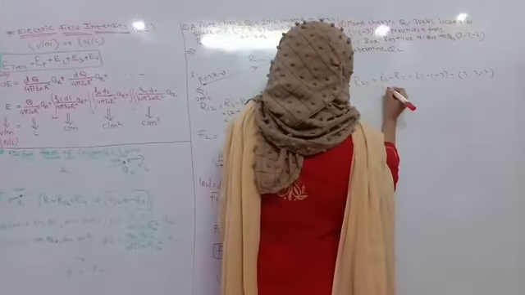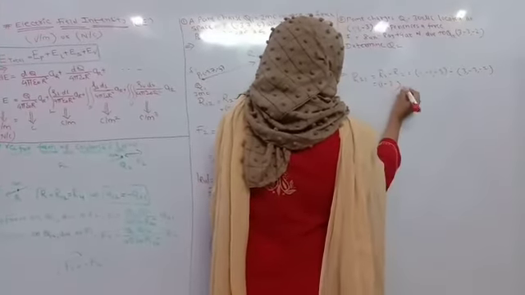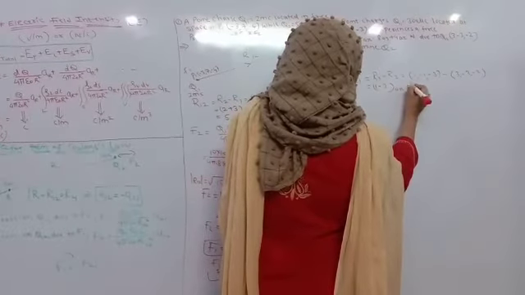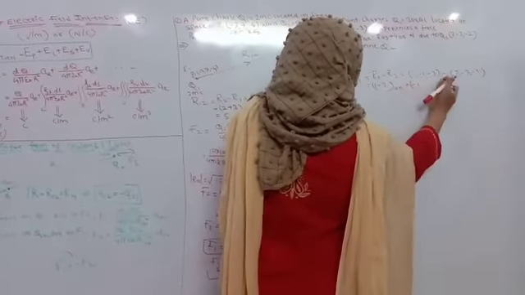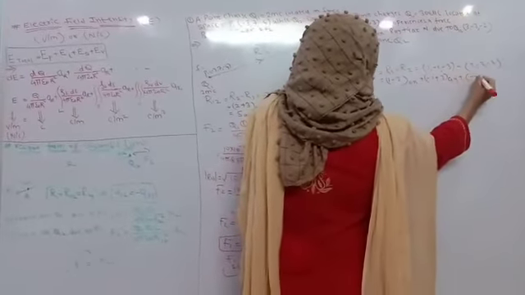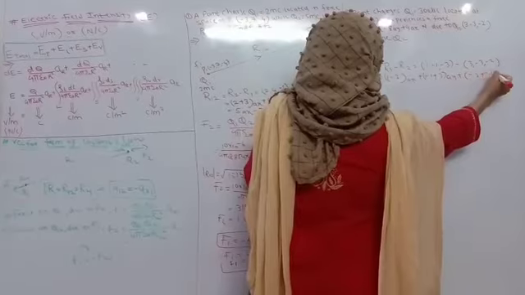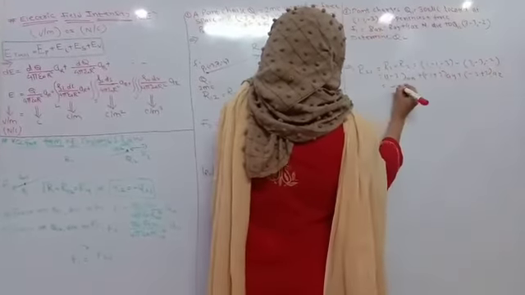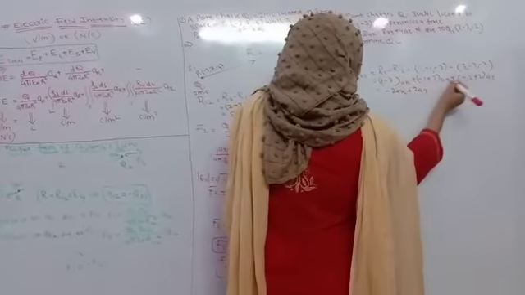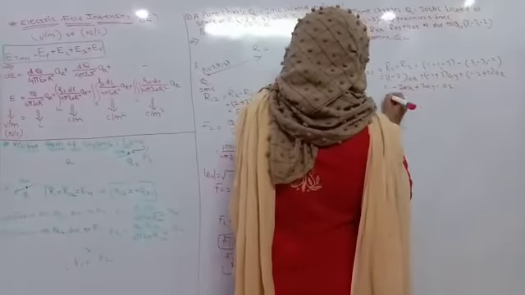Here 1 minus 3 is minus 2 ax. Here minus 1, minus minus 3, becomes plus 2 ay. Here minus 3, minus minus 2, becomes minus 1 az. So here it will be minus 2ax, plus 2ay, and minus az.